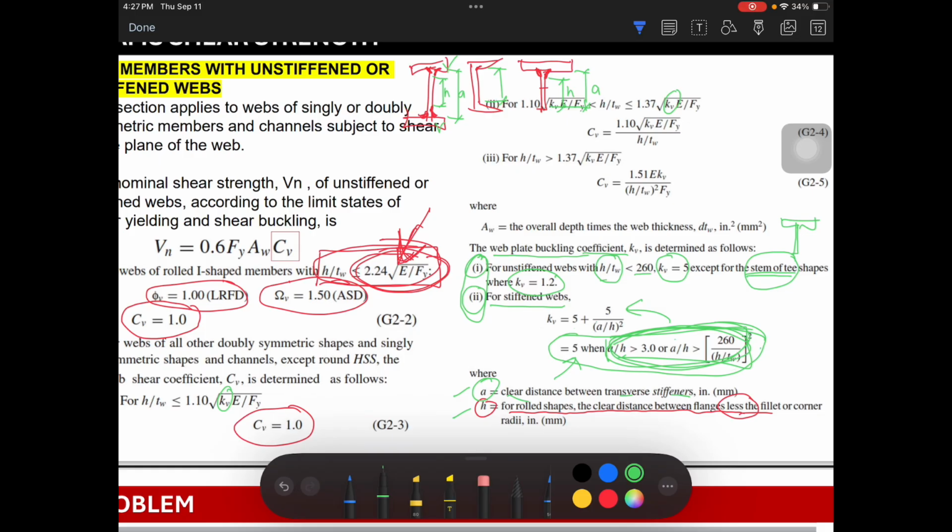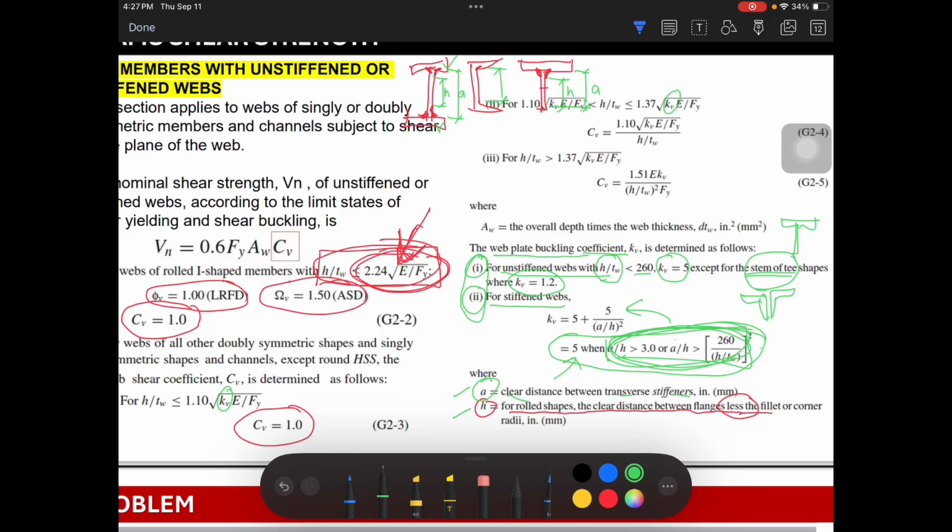Pag unstiffened webs, ano ba yung mga unstiffened webs? Yung sa single angle. Actually, hindi naman yun. May sariling shear ang stiffened angle, no? Single angle. So, kunwari double angle. Kasi hindi na magpa-fall ang double angle doon sa single angle.